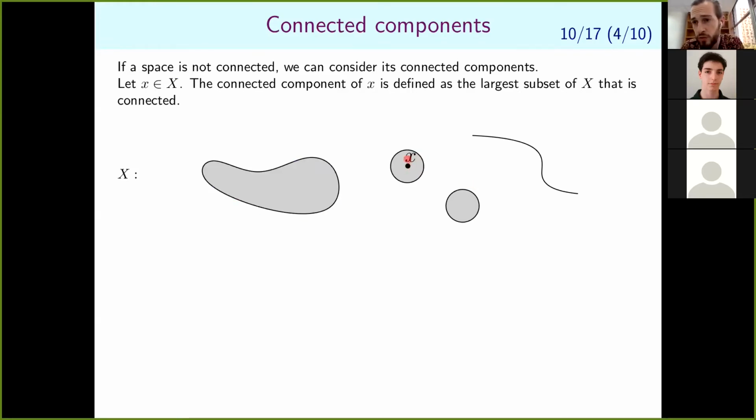The connected component of this point here is this ball, right? Same here: the connected component of x here is this ball, and the connected component of this point on the line is the whole line.